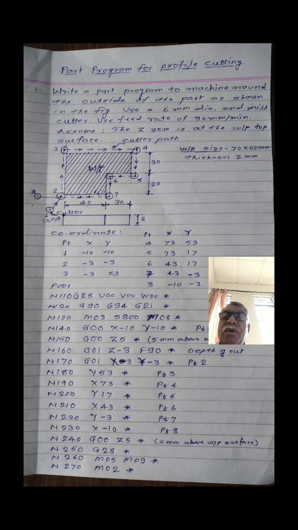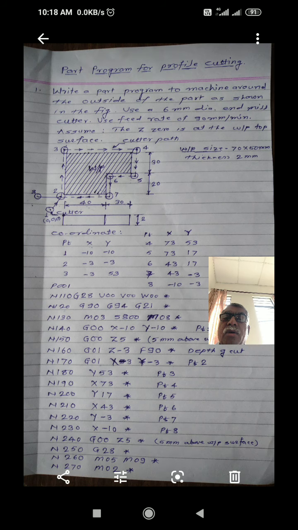That radius you have to consider. You have to move the cutter to cut the material. That's why you have to consider 3 millimeter radius, 50 plus 3. Therefore, y coordinate of point 3 is 53.